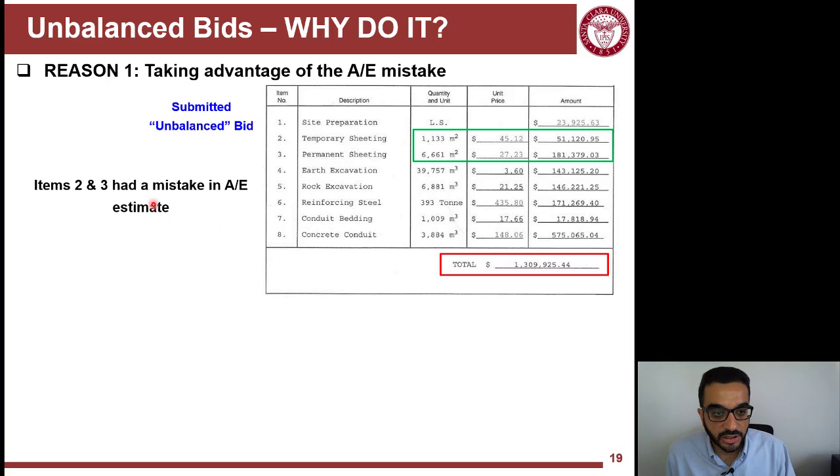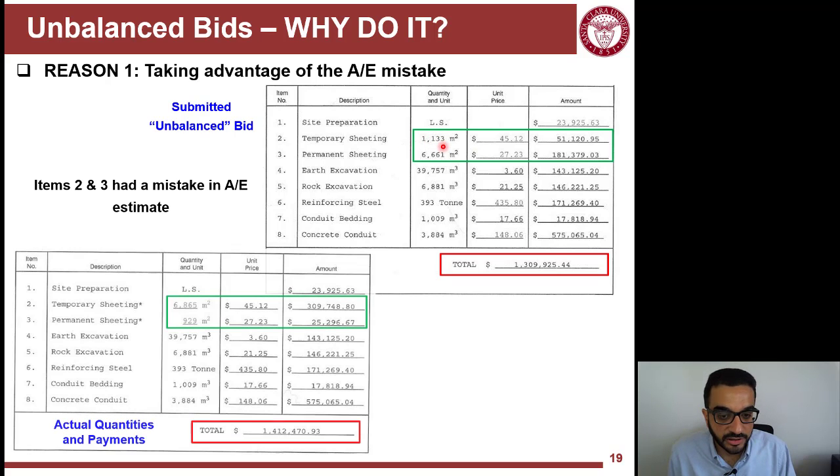The architect or engineer made some mistakes in calculating these, and the temporary sheeting should actually be 6 times more, while the permanent sheeting should be 10 times less. So they will take advantage of that by increasing the unit prices of these items. At bid time, there are fewer quantities, but they know that these quantities will increase during construction.